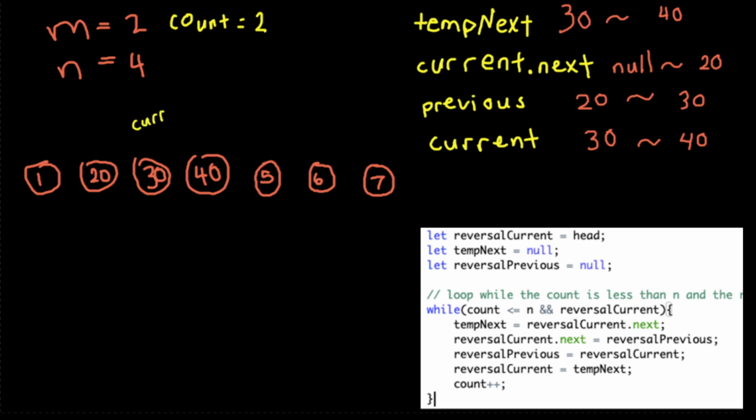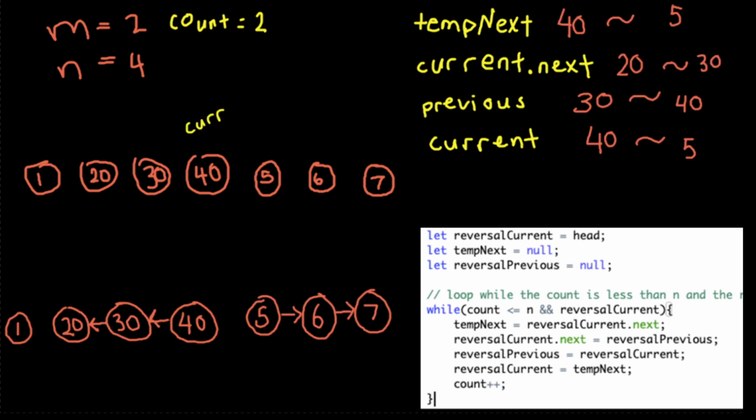And then once you do that, you end up here. And when you end up with current at 40, temp next, right here on this line, it becomes 5.